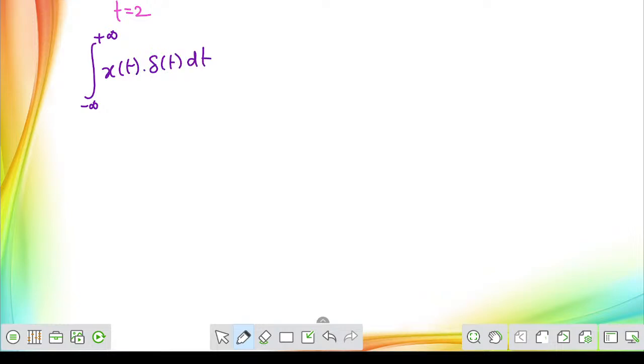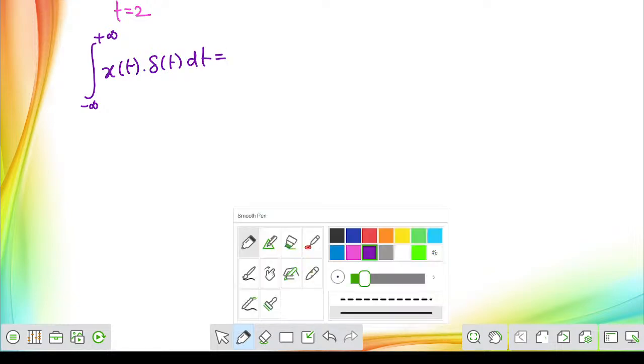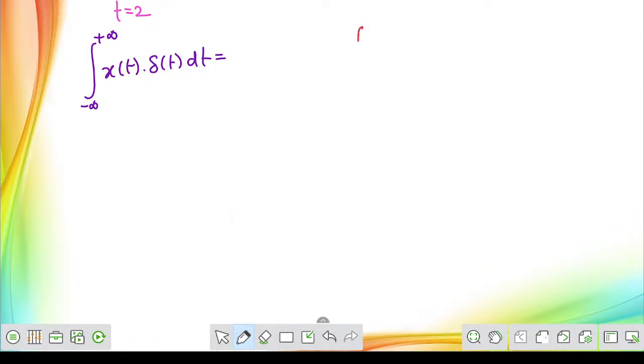If it is under the integral, we must remember one important thing we studied: under the integral from minus infinity to plus infinity, the value of del of t with respect to dt will be equal to 1. It will be absolutely equal to 1. So you must observe this property first.